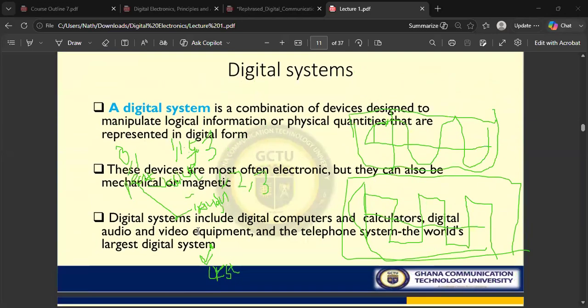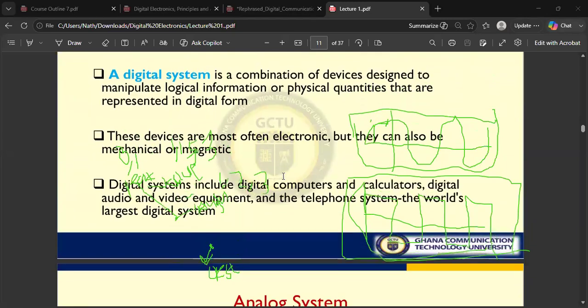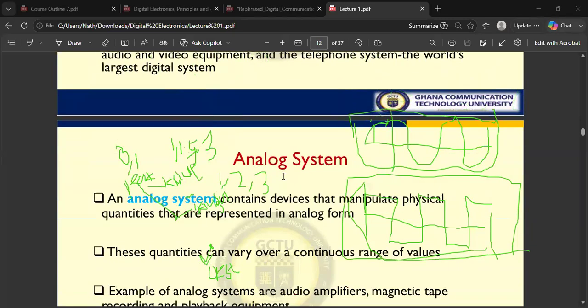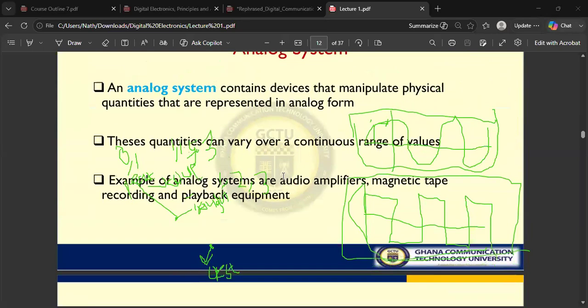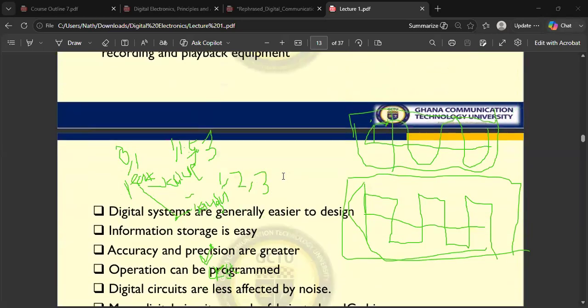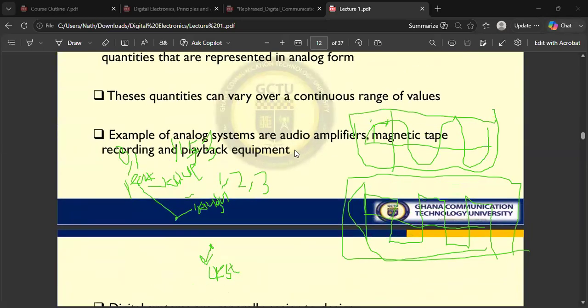I've talked about the digital systems already. These slides are just repetition, the same way the analog systems are. So what can you say about the disadvantages and the advantages of digital signals over analog signals?